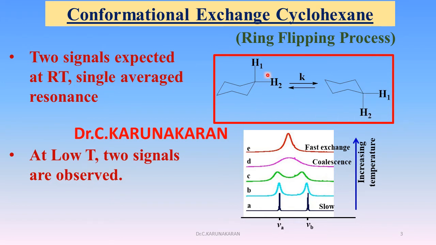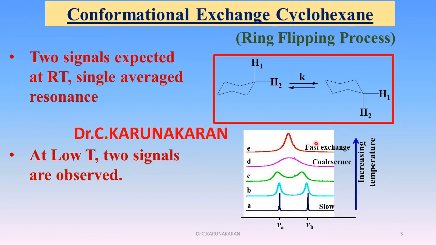Therefore, two signals are expected due to axial and equatorial protons, but at room temperature only one singlet signal, a single average resonance, is observed.